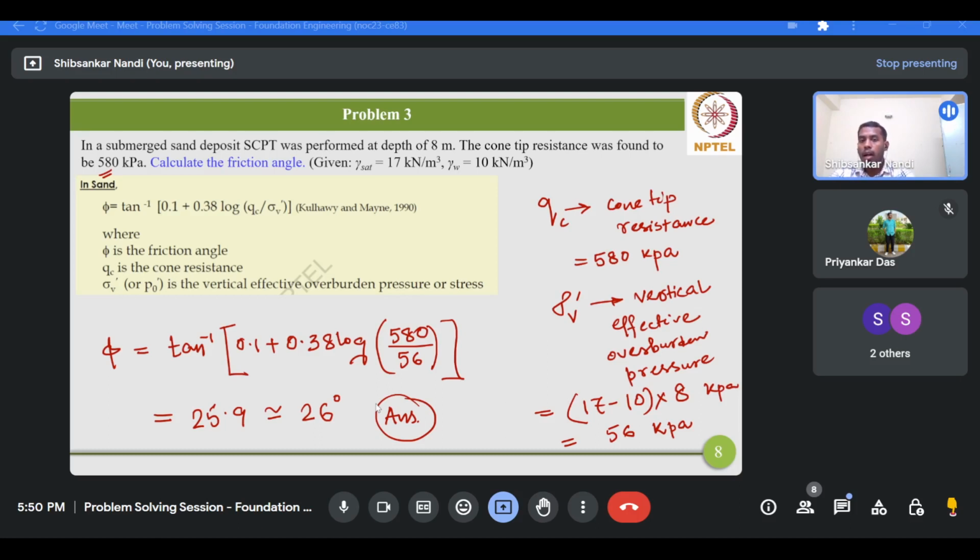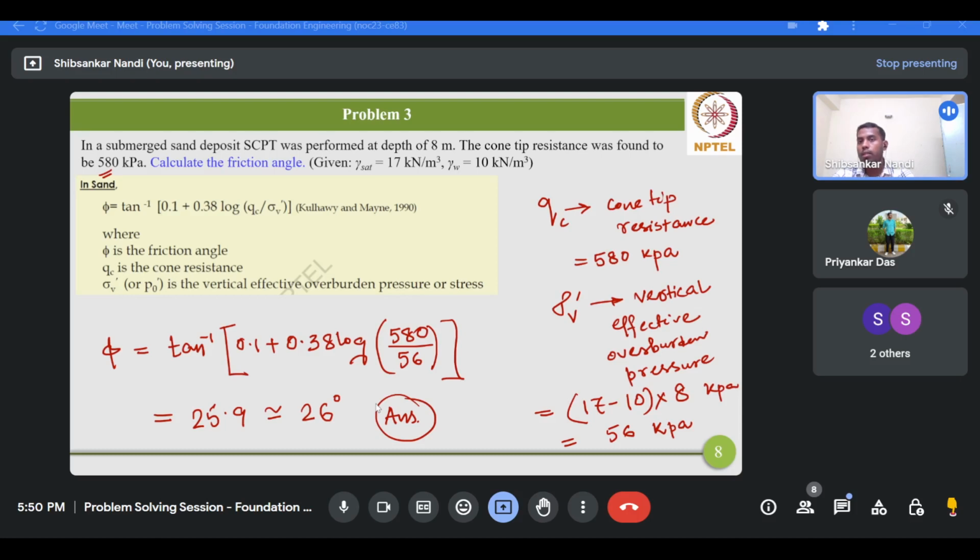Okay, now before proceeding further, please let me know what is the major drawback of this SCPT with respect to SPT, and again what is the plus point of this SCPT as compared to SPT. Can you please identify?